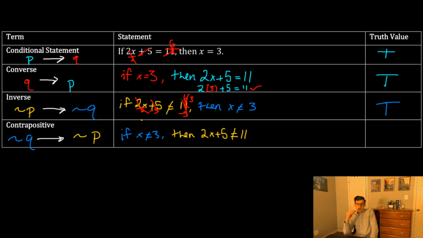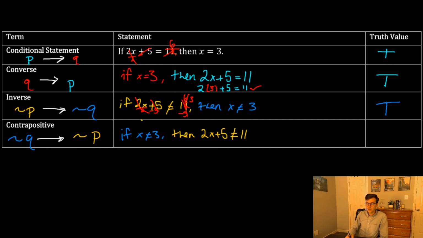But if x is not 3, then 2x plus 5 is not equal to 11. And you could try that out, and we could even do a type of mathematical proof by induction. This is one that deductive reasoning doesn't necessarily apply to, but the best way that we can see it is, no matter what value of x that you put in there, 2x plus 5 will not equal 11.